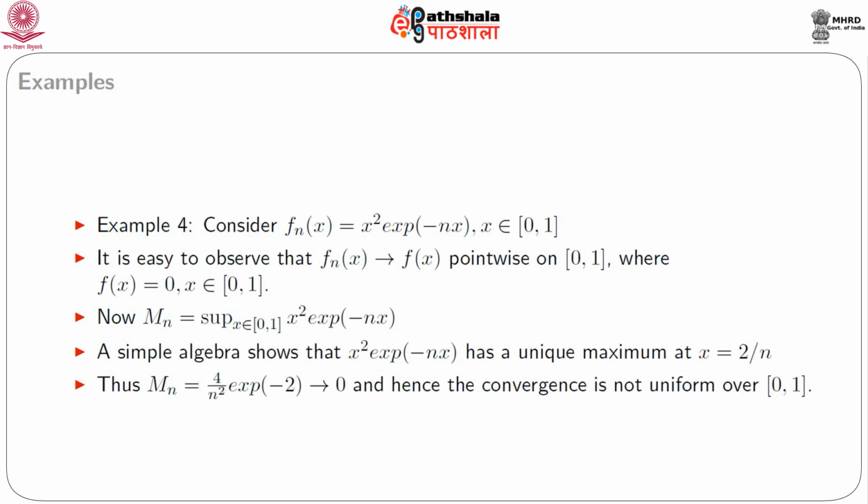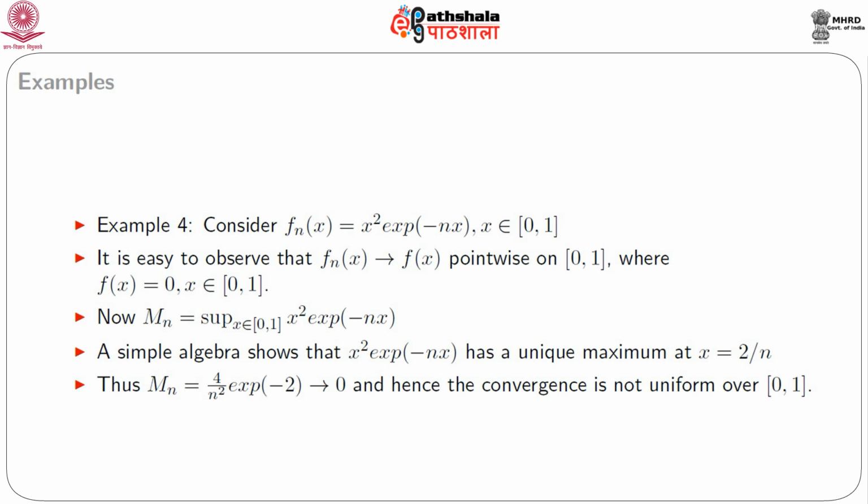So next, consider our next example where the sequence of functions is defined as x square multiplied by e to the power minus nx for x belonging to [0, 1]. It is easy to observe that fn(x) converges to f(x) pointwise on [0, 1] for the limit function f(x) equal to 0 for x belonging to the closed interval [0, 1].